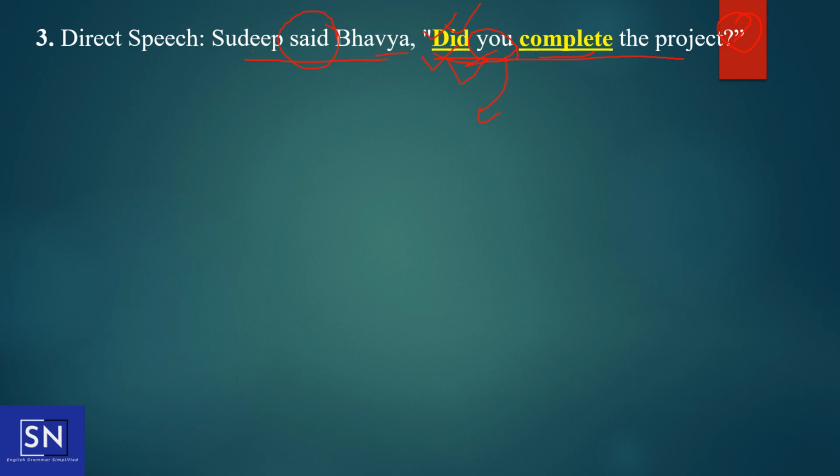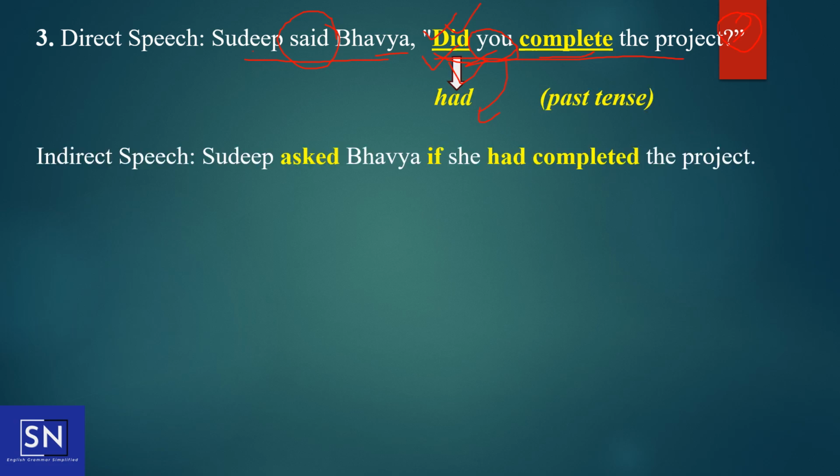So Sudeep asked Bhavya whether or if she had completed the project. You can use if or whether. Had is used because did is in past tense, and it should change to past perfect tense. Complete is in present, it should be past tense.